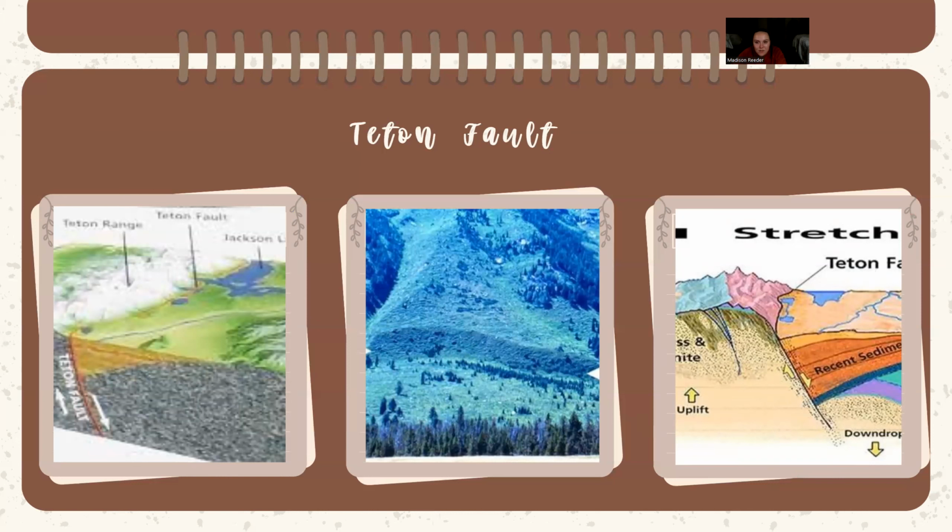The best place to see this view is from the Cathedral Group turnout by the Jenny Lake scenic route. So you could see the fault and see Jenny Lake all at the same time. Some pretty cool geologic places. And another super cool thing is, you got that stretch, you got the Teton Fault there on the mountain range, and Jenny Lake is right there too.